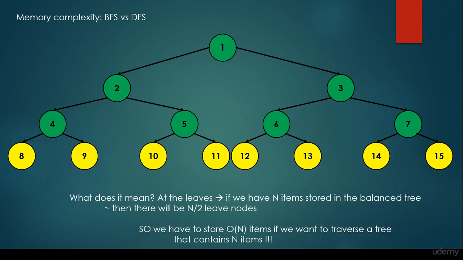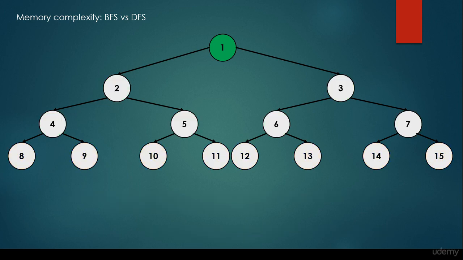So for example, if we have 100 items in a balanced tree-like structure, then the memory complexity, so how many items do we have to store in memory with the help of the queue, it's going to be O(n), so O(100).